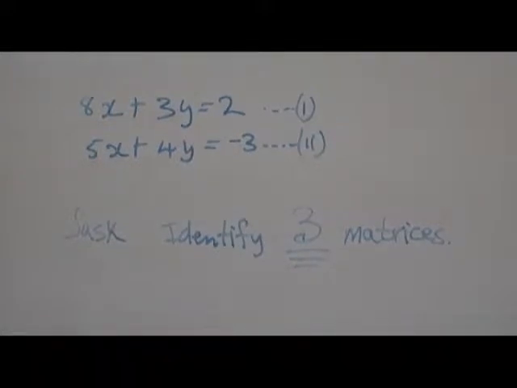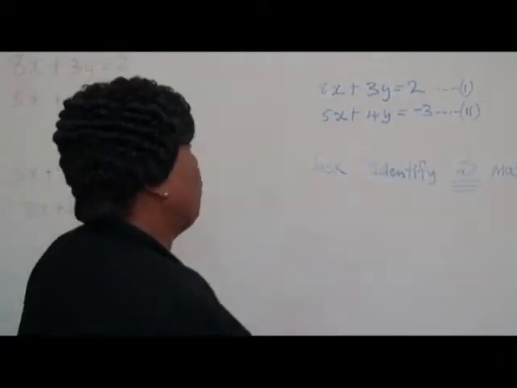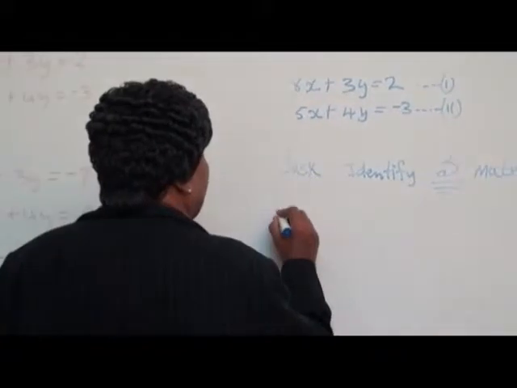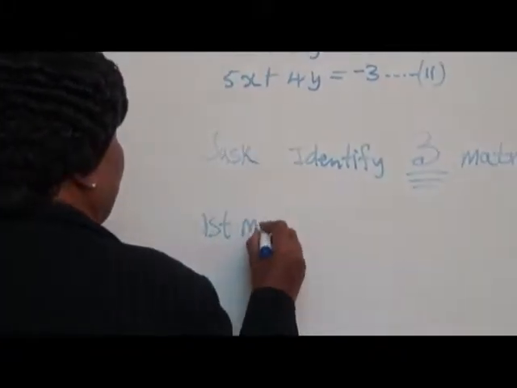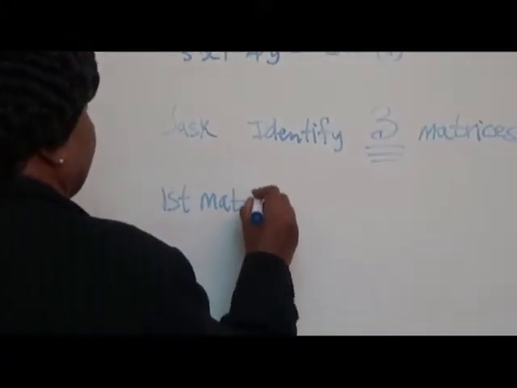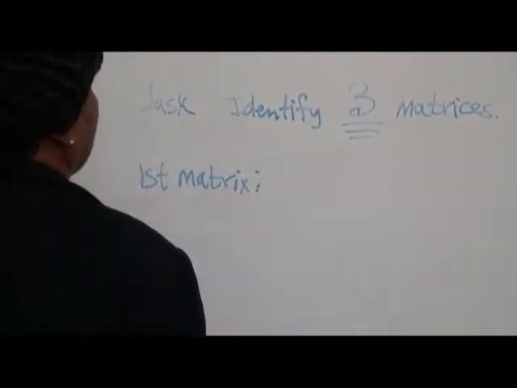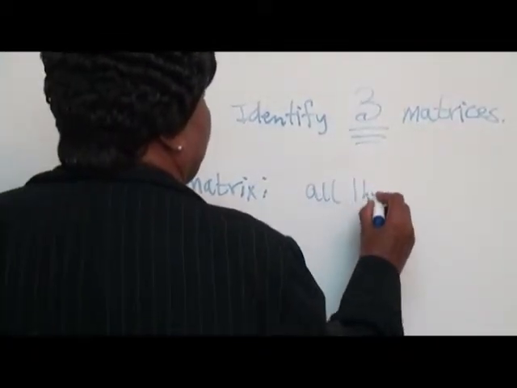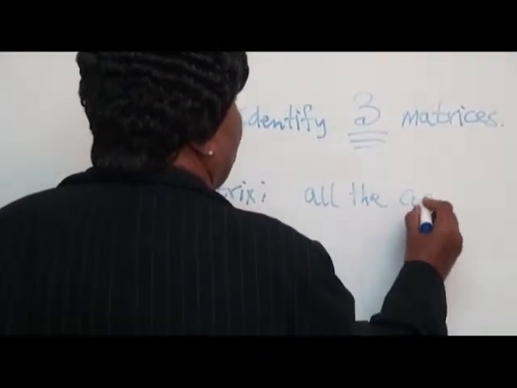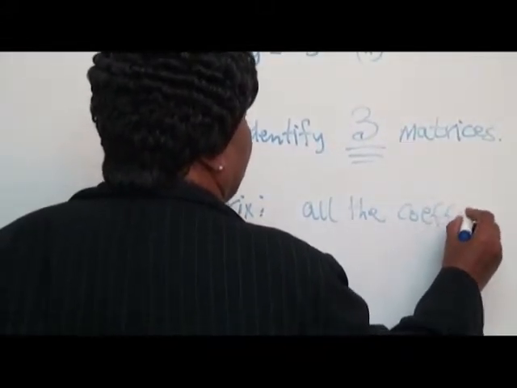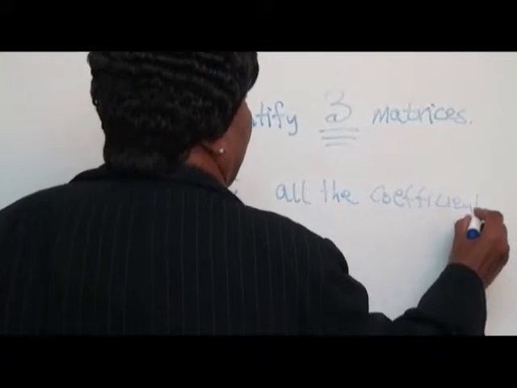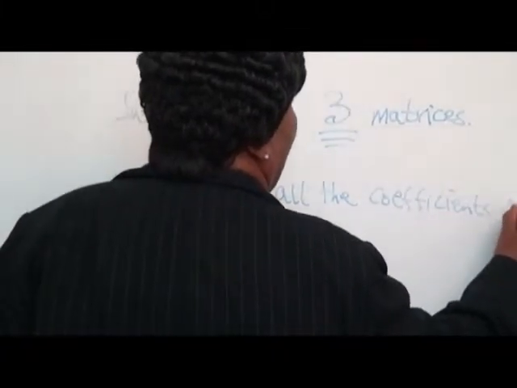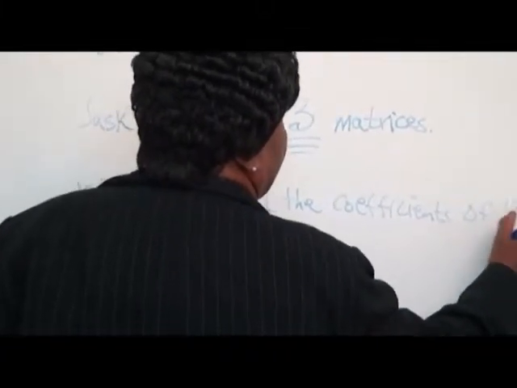Where are they going to come from? Our first matrix represents all the coefficients of the variables.